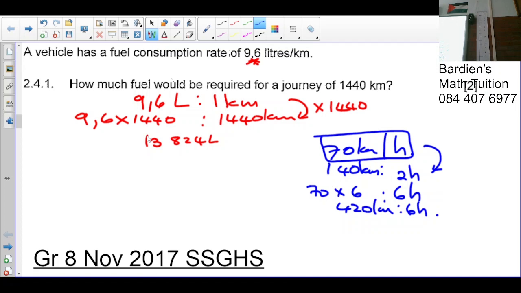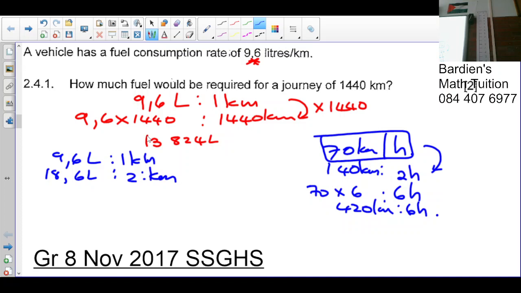So if you look at this here, the fuel consumption is 9.6 liters per kilometer. So every 1 kilometer is using 9.6 liters. In 2 kilometers, according to this rate, what is he using? 9.6 times 2, which is 19.2 liters. Not so? You will agree with that?